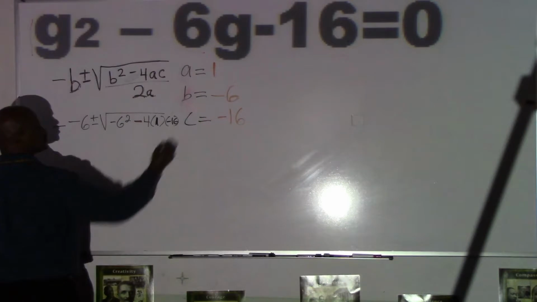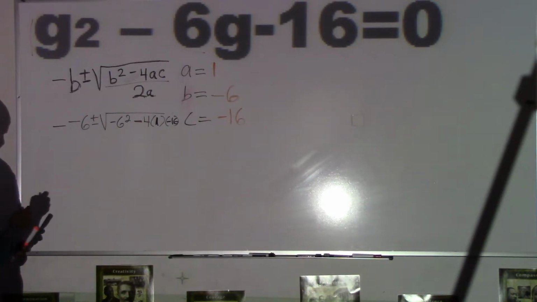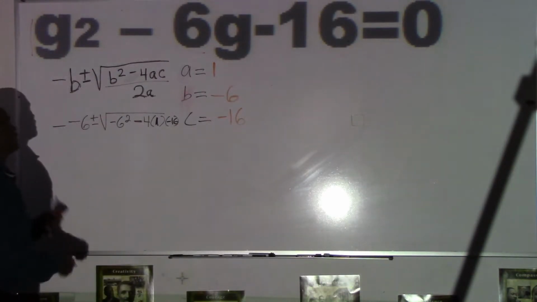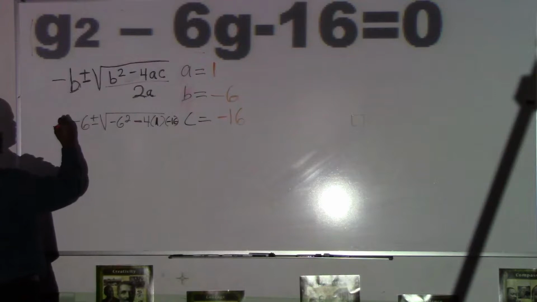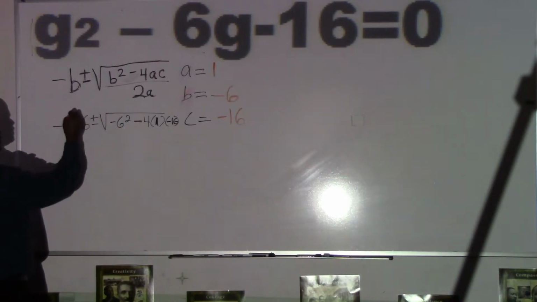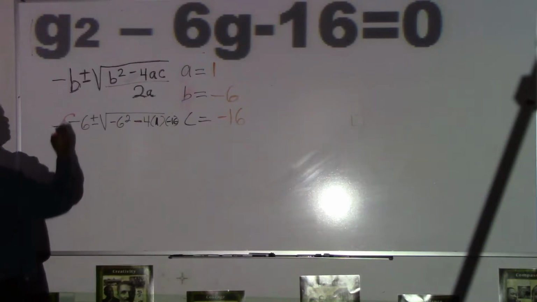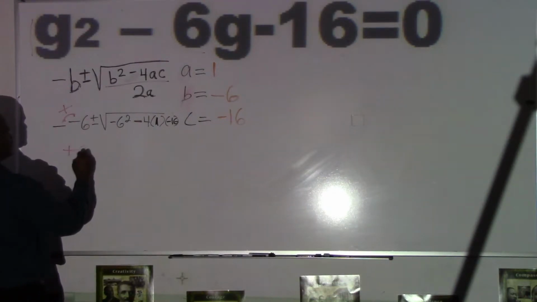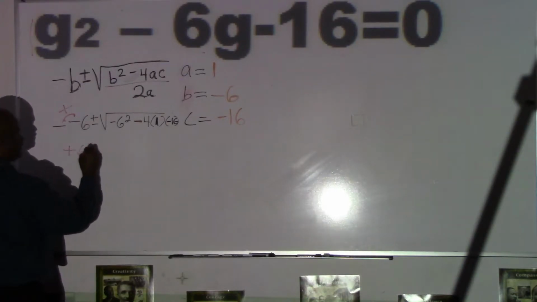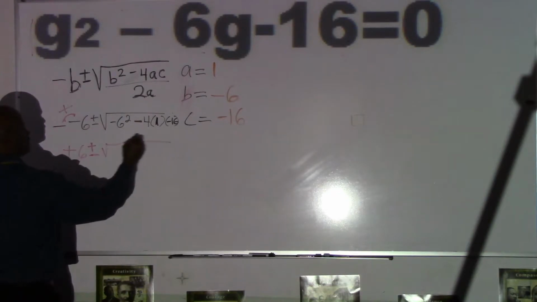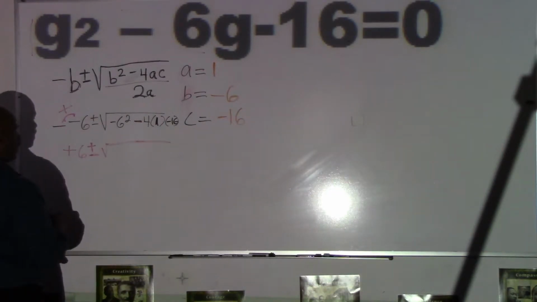Now the next step is rewriting the same information, but we're going to solve some of it. This right here is a double negative. What does a double negative become? A positive. So we write positive 6 plus or minus the square root, and then we fill in the other information.